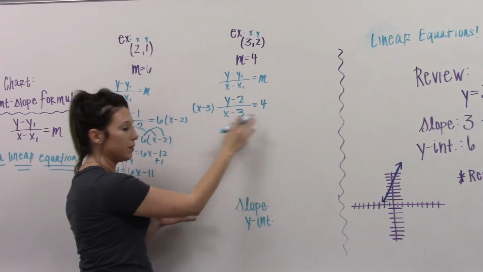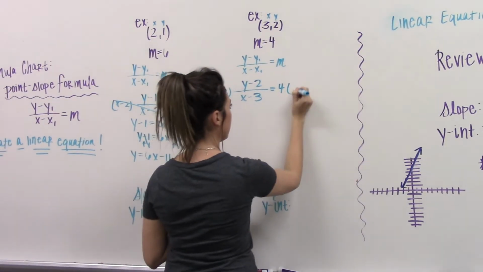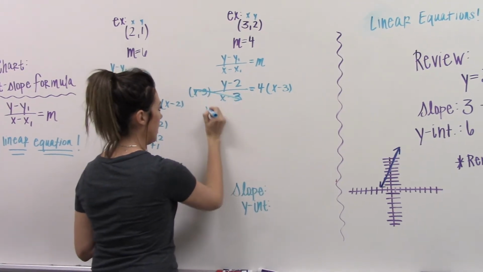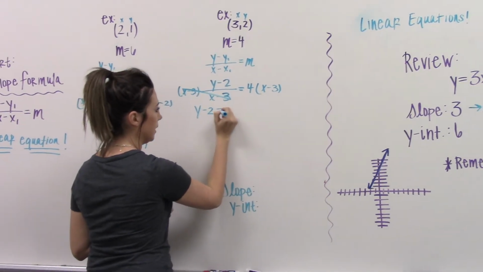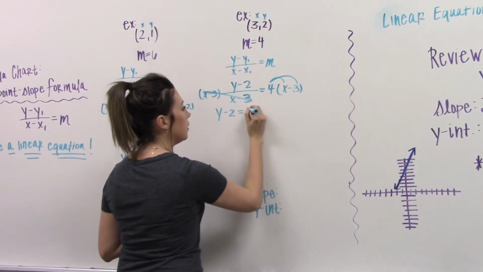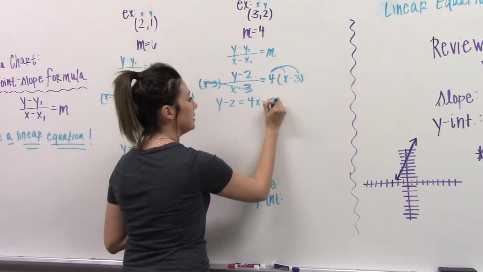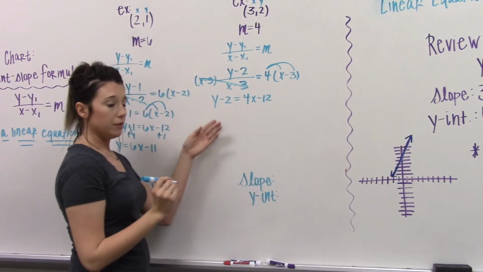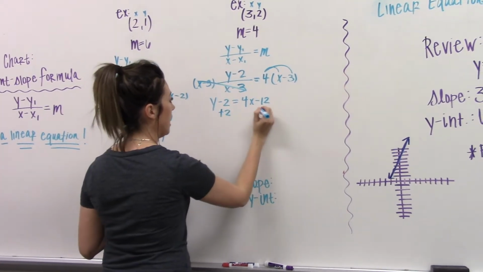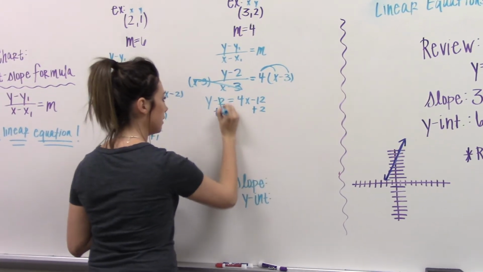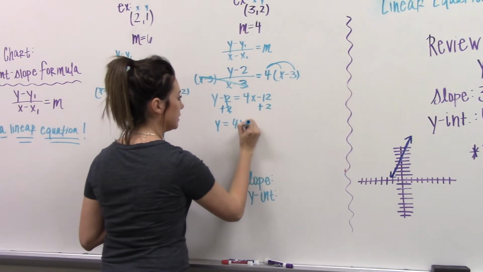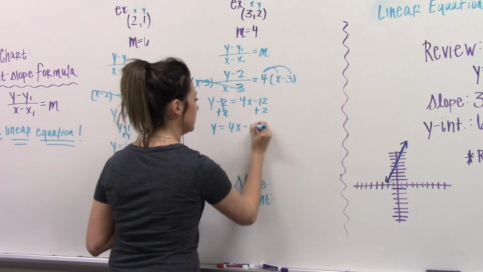Whatever we do on this side, we have to do on the other side. This cancels, and we get y minus 2 by itself. And we're going to distribute this 4x minus 12. Now what do we do to get this y by itself? We're going to add 2 to the other side, cancel, y equals 4x minus 10.